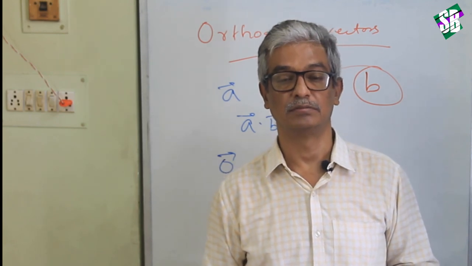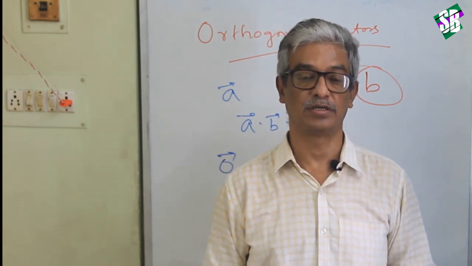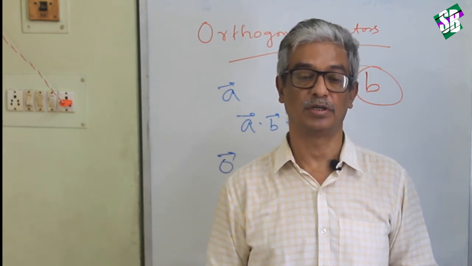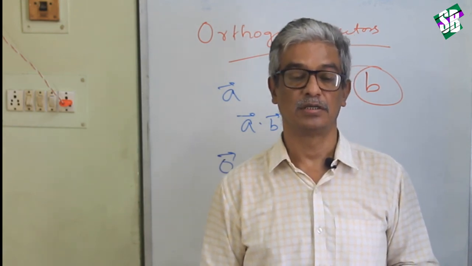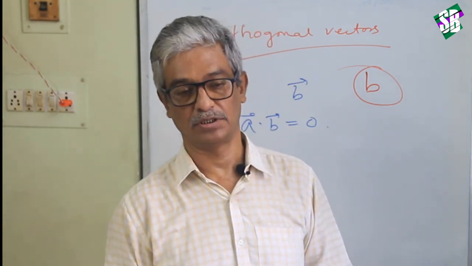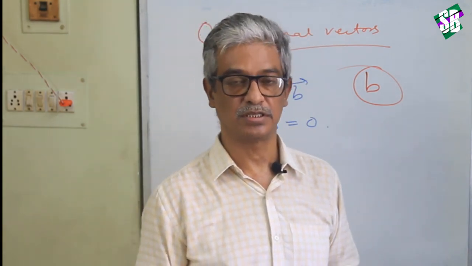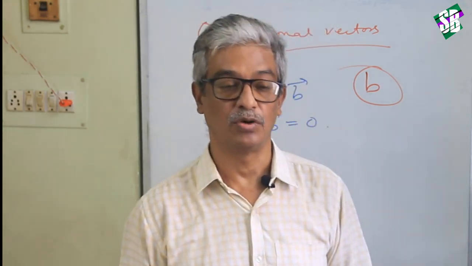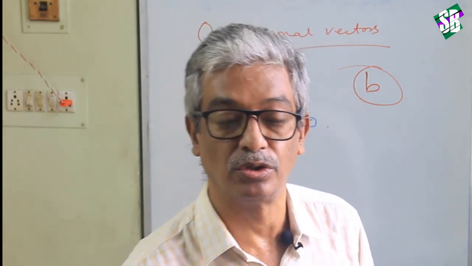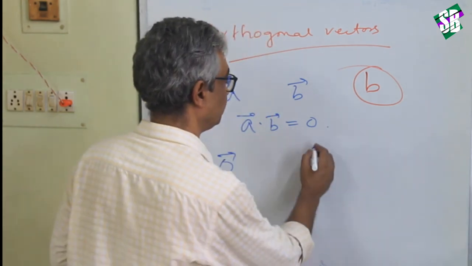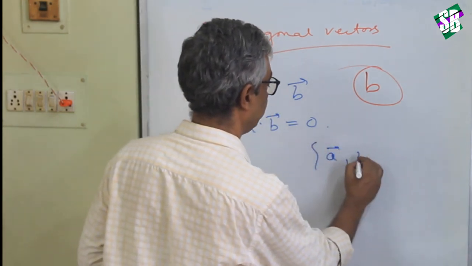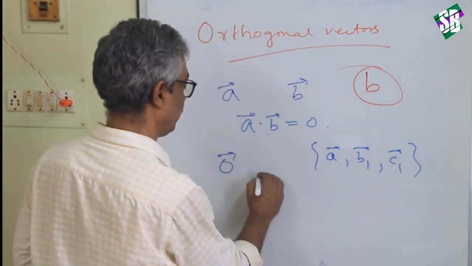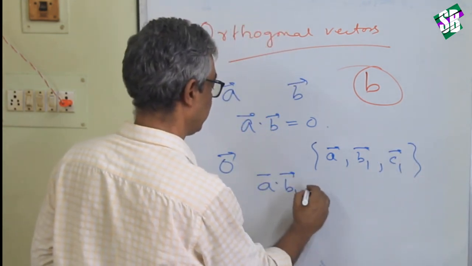So there are 6 vectors given, and you have to choose which of the options is correct. Just check, this is a very simple thing. Suppose you want to check whether option A is correct or not. Option A is A vector, B1 vector, comma C1 vector. Just do A vector dot B1 vector.